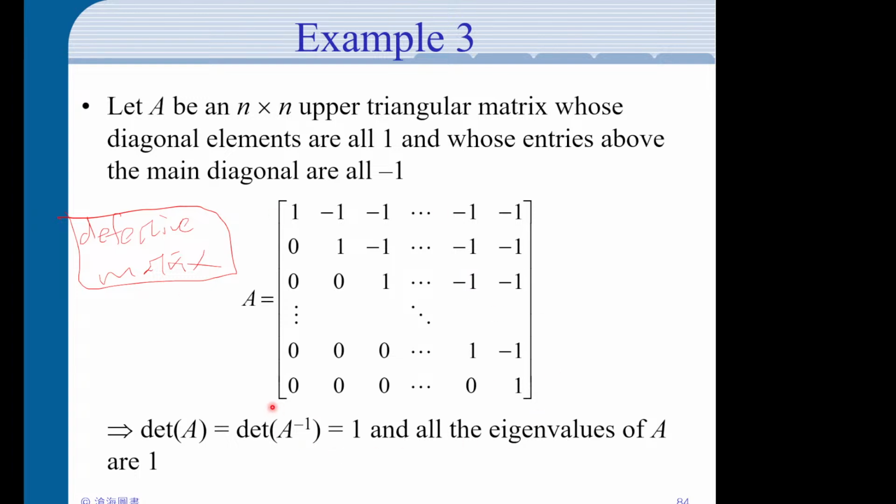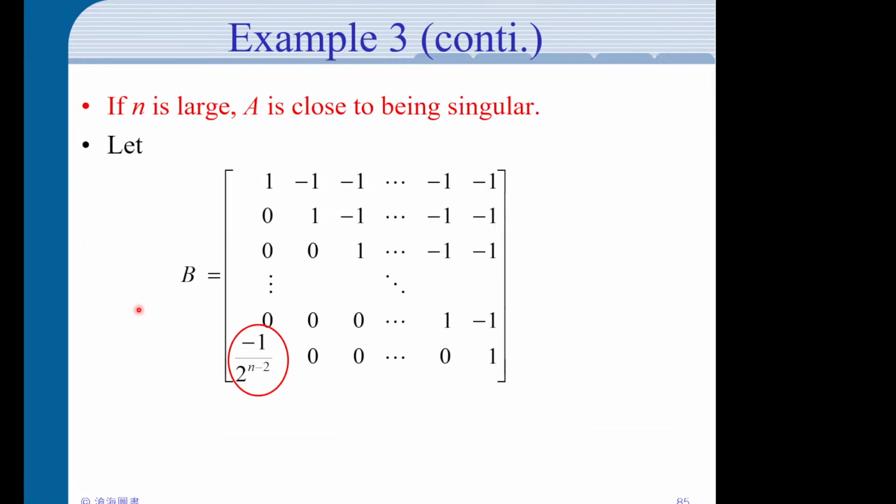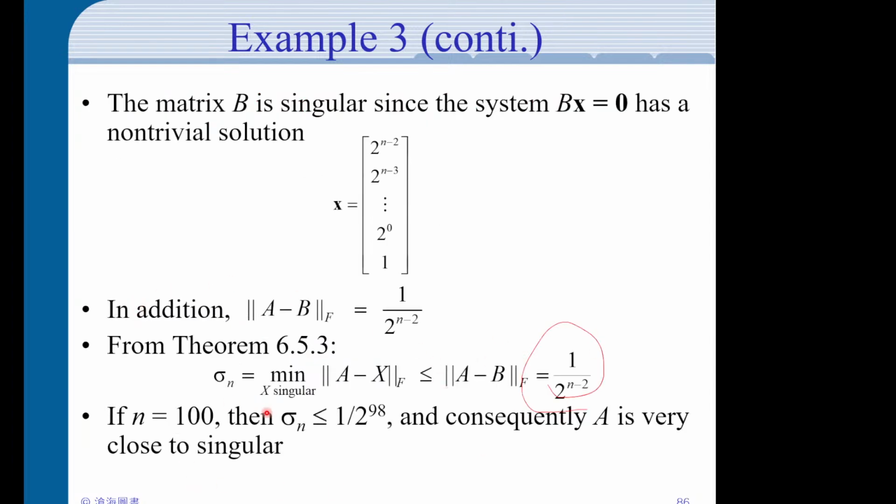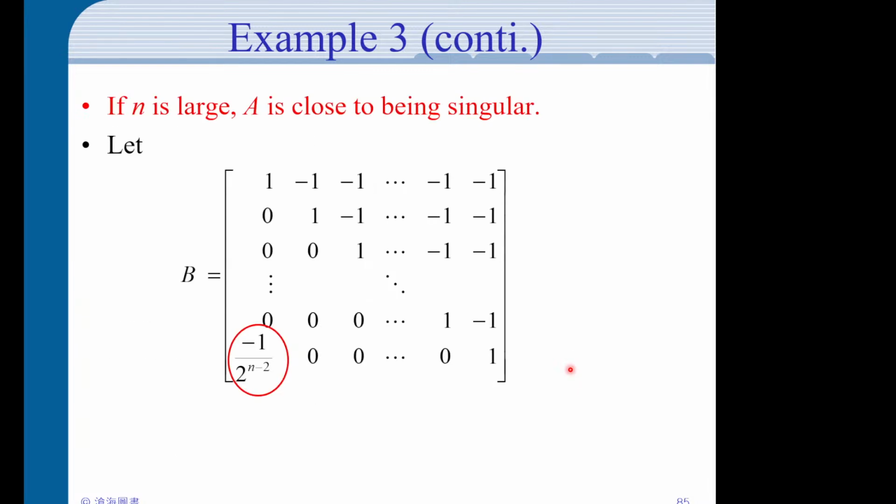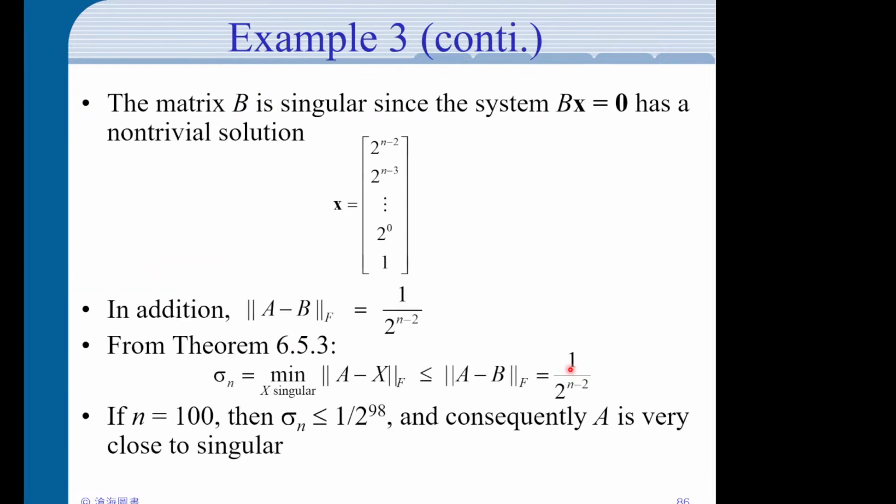So A is not singular, and its eigenvalues are all far away from 0, but it's very defective, so its smallest singular value can be very small. This example shows that we should be careful about defective matrices. The eigenvalue and the singular value can be very different.